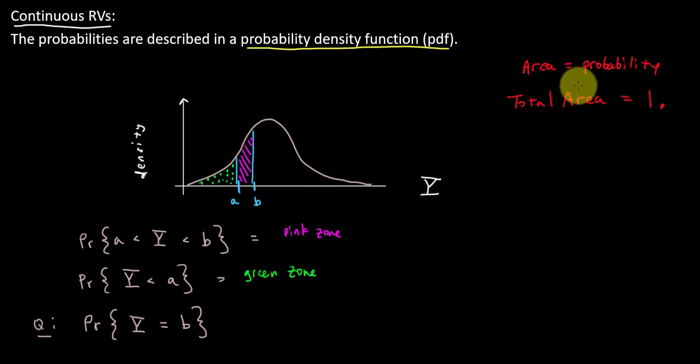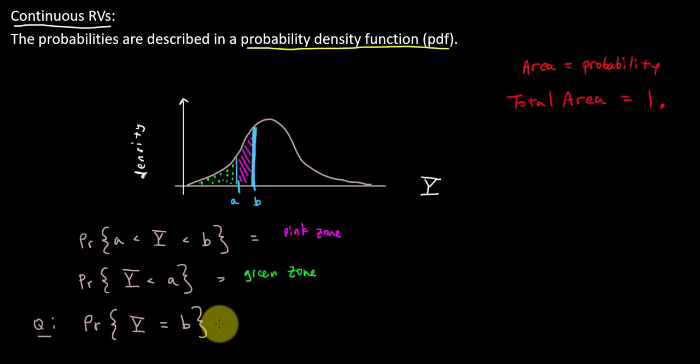Okay. So area, we need area to obtain probability. However, at the value B, this is just a vertical line, and a line is one-dimensional. Area is two-dimensional.